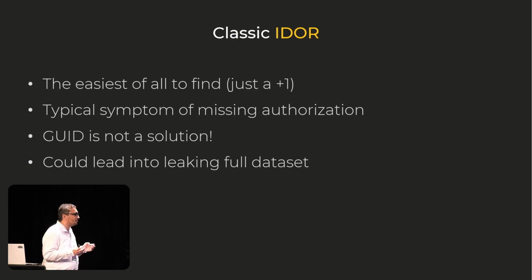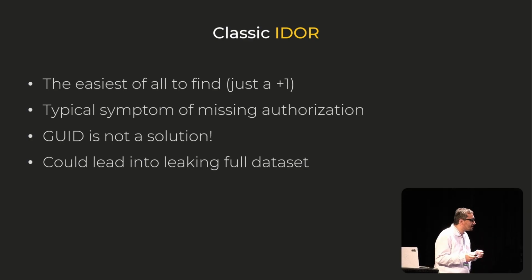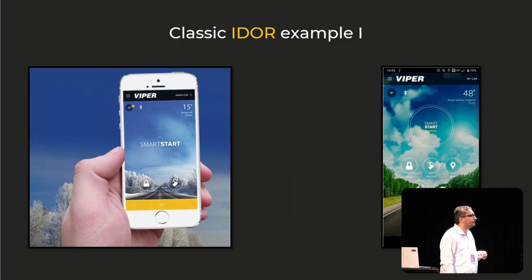It's a typical symptom of missing authorization. GUID is not the solution. The fact that I cannot +1 or -1, but I do have access if I have a way to either get it from a leak or somehow guess the GUID, means that this is not solved. This is just another hurdle that I would have to pass. It could lead to leaking everything and breaking everything.